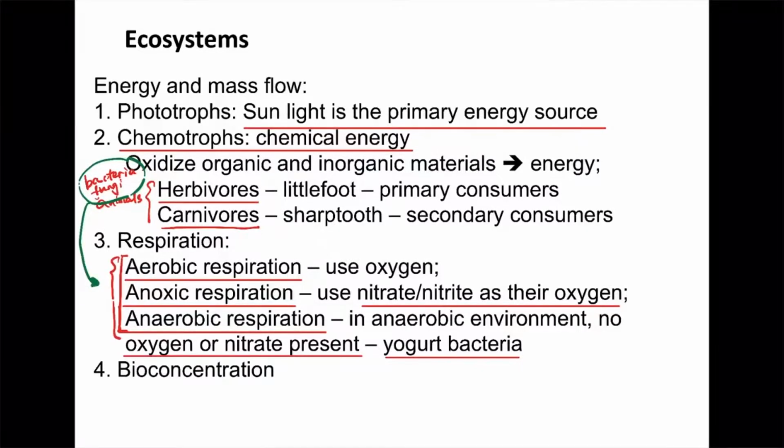So for example, we can let it go through anaerobic oxidation first to remove some of the organic pollutants. And then we can introduce it into a reactor that has aerobic respiration, where we introduce a lot of oxygen.